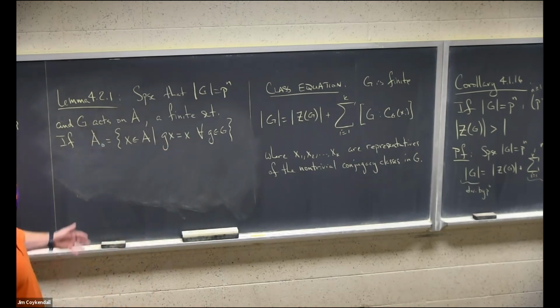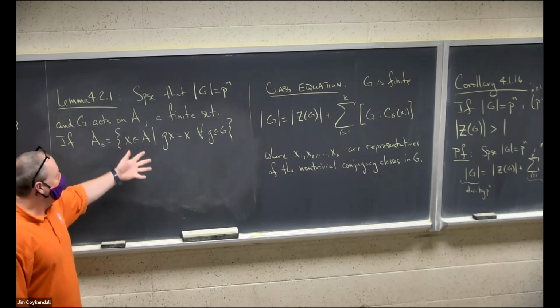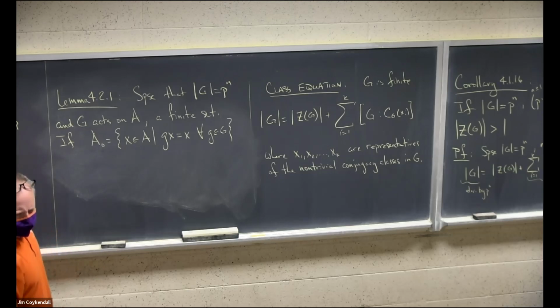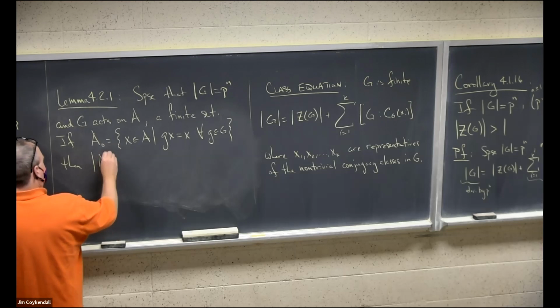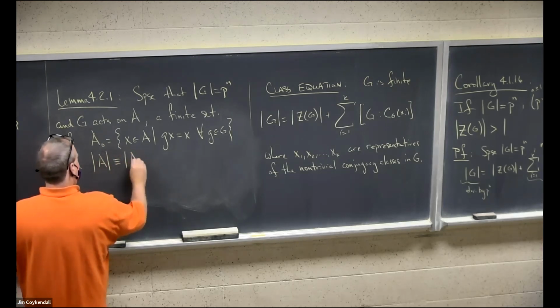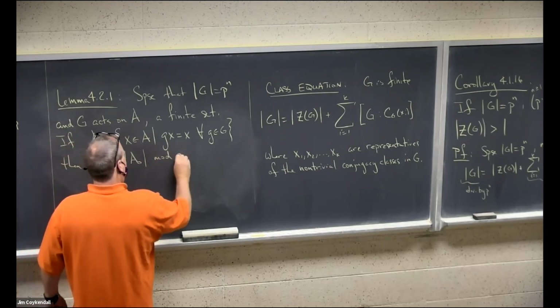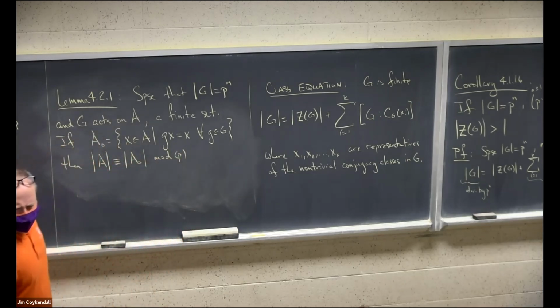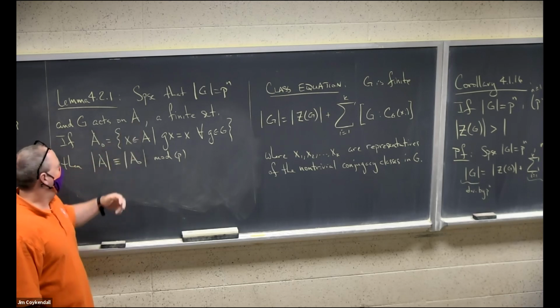So this is like a super stable set. No matter what you try to hit things in A0 with, you hit it with anything in G, it just leaves it alone. Then you can tell something about the number of elements in the set in the first place.